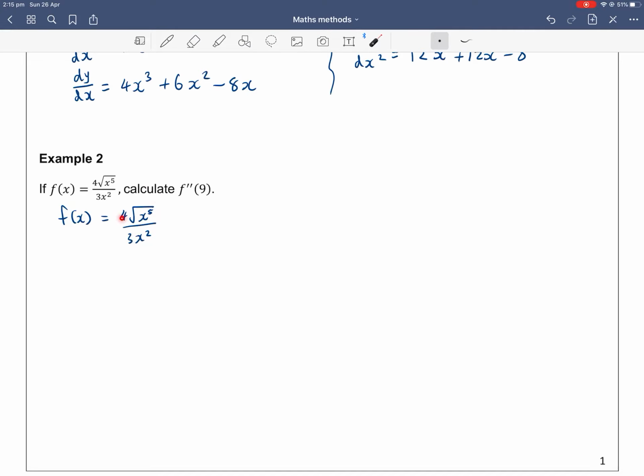Or if I decide to simplify my function now, I can use index notation and make life easier when differentiating. So rewriting square roots as powers, that's 4 times x to the 5 on 2 over 3 times x squared. If I'm dividing, then I just subtract the powers, so 5 on 2 minus 2.